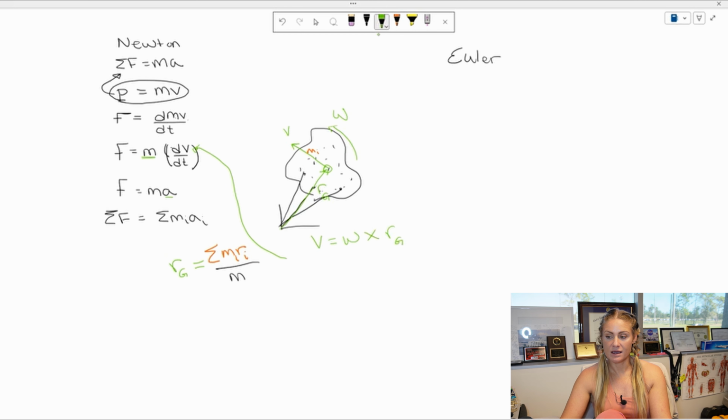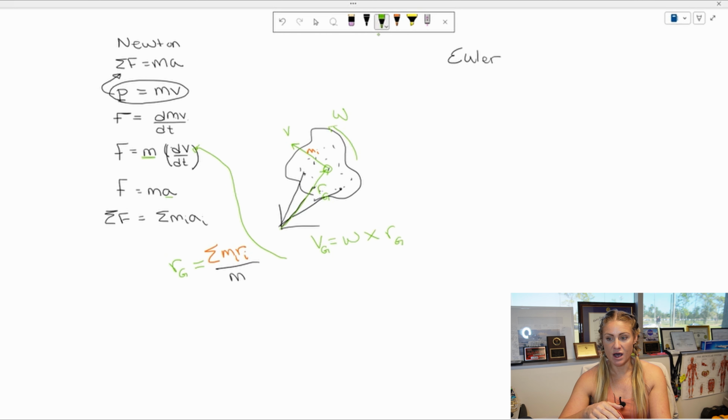Again, omega, as you know from a definition of a rigid body, omega is the same for all points on the body. The body has to rotate together, but its velocity is dependent on its position from our inertial reference frame, or about the point of rotation. So this velocity is specific to the position of the center of mass.